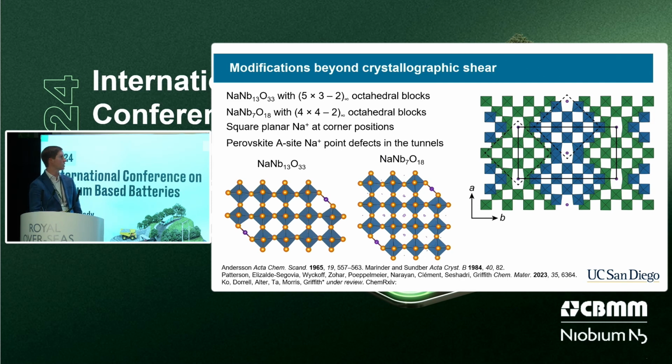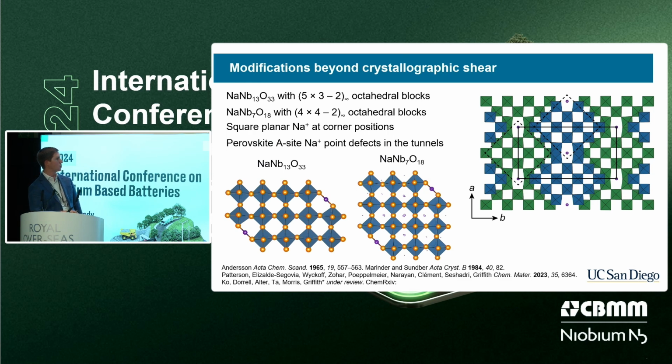And the newer thing I want to introduce to you is a pretty cool story we've been learning about recently and is currently under review, which is this idea of modifications now one step beyond just crystallographic shear, starting to think about point defects in these materials and what happens when you have things in the tunnels. And so I'm showing here two different sodium niobate phases, NaNb13O33 and NaNb7O18. The NaNb13O33 is just an interesting crystal structure.